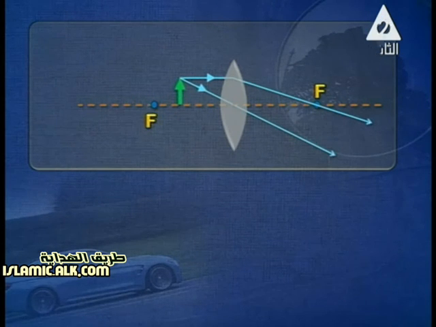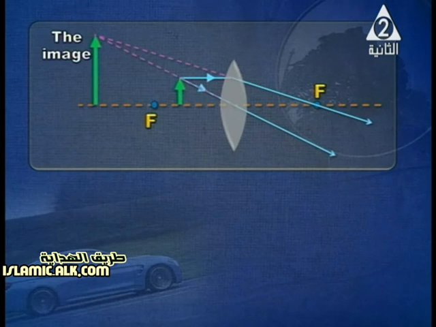The other one is sent passing through the optical center of the lens, so no refraction. The two rays will pass away from each other, so we need to take the intersection of the extensions of these refracted rays to form the virtual image.